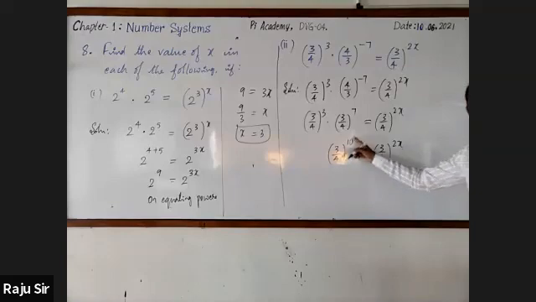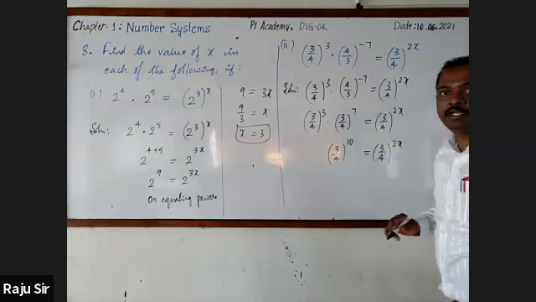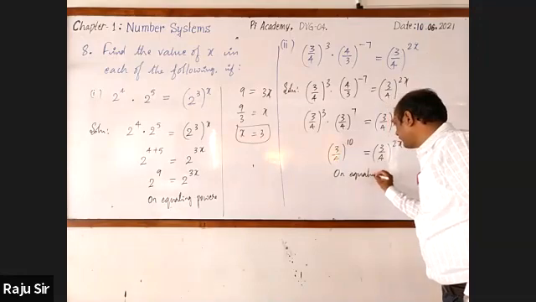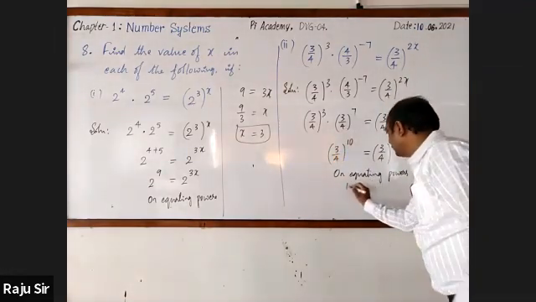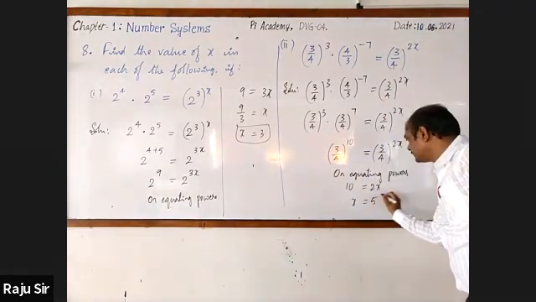In the LHS part there is a single term, in the RHS part a single term, and the bases are the same. Go for equating the powers. On equating powers, you can write 10 is equal to 2x, then x equals 10 by 2, which is nothing but 5.